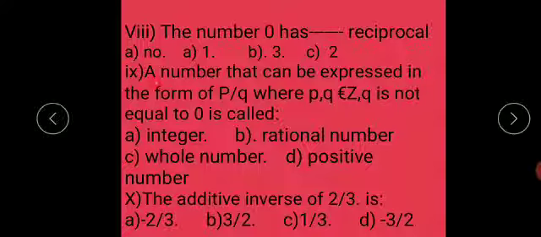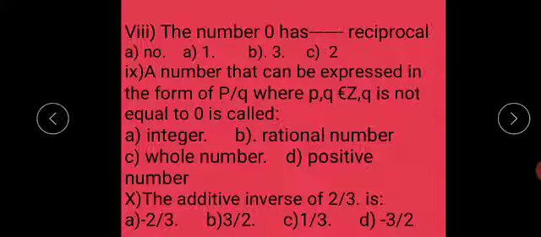Ninth part is a number that can be expressed in the form of P over Q, where P and Q belong to Z, Q is not equal to 0, is called integer, rational number, whole number, or positive number.